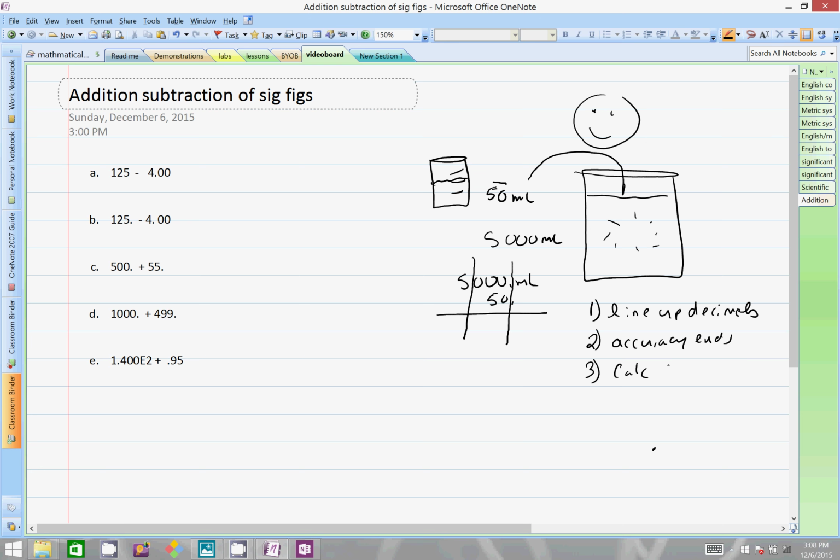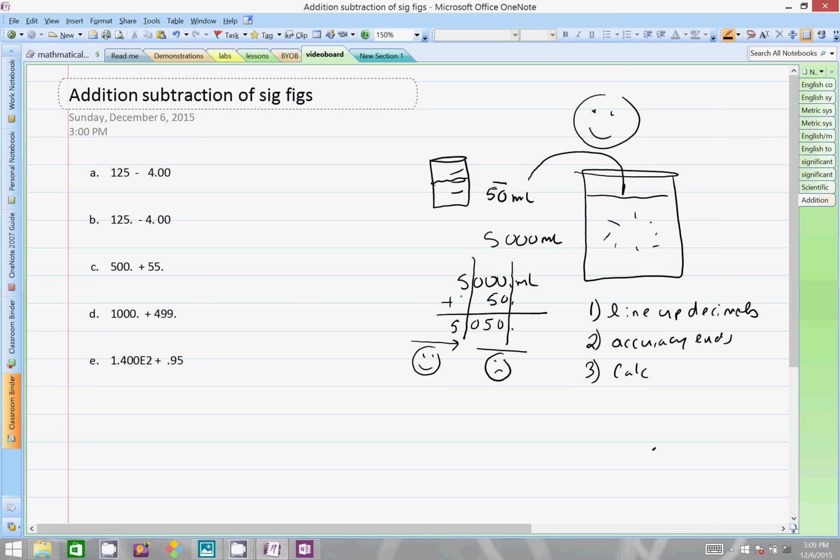If we're adding them together, I get 5, 0, 5, 0, decimal. If there are more zeros, keep going. But I have 5,050. What I basically do is, when I reach my first rounding line, everything to my left I know, everything to my right I don't know.